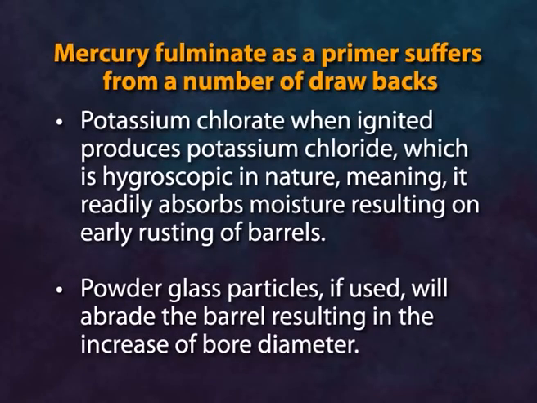Potassium chlorate, when ignited, produces potassium chloride, which is hygroscopic in nature, meaning it readily absorbs moisture, resulting in early rusting of barrels. Powder glass particles, if used, will abrade the barrel, resulting in the increase of bore diameter.